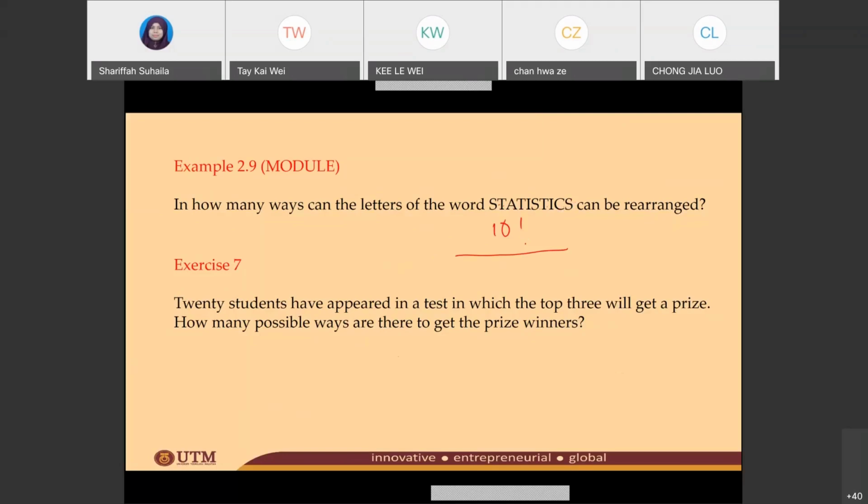You have S 3 times, so divide by 3 factorial for S. T again, 3 factorial. I, you have 2. So 10 factorial divided by 3 factorial times 3 factorial times 2 factorial, which gives 50,400. That is the word with repeated objects.